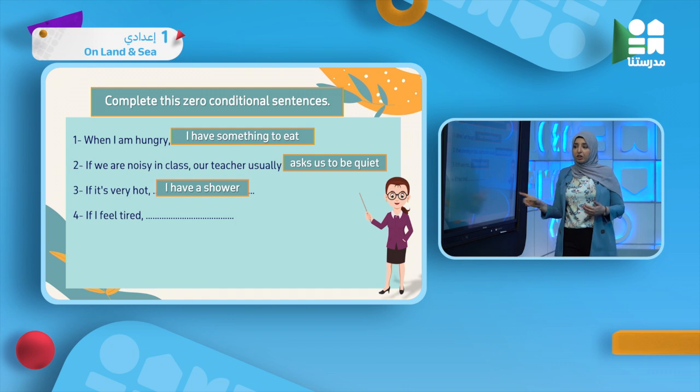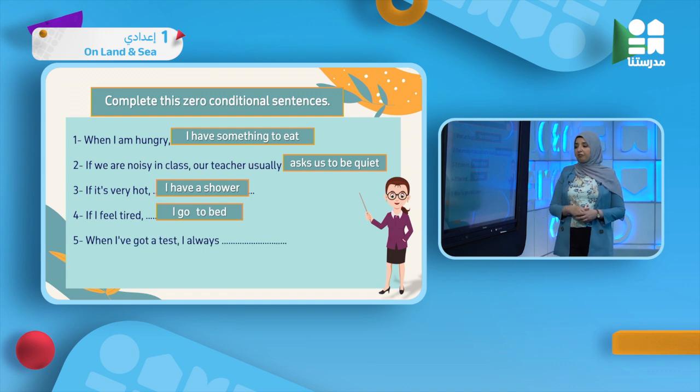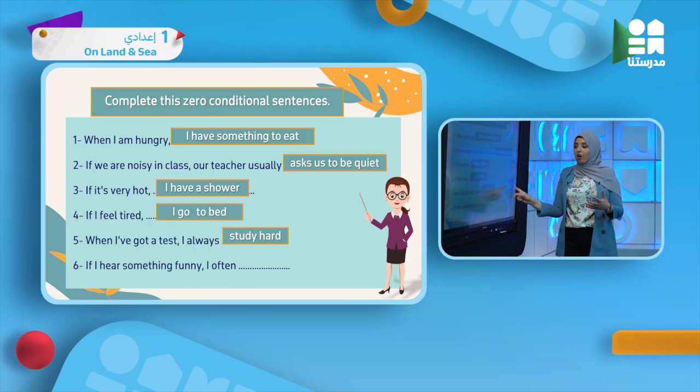Complete the other part. Yes, I go to bed. 5. When I've got a test، لما يبقى عندي test I always do what? Yes, I study hard. Okay, let's see number 6. If I hear something funny I often، لو سمعت حاجة funny بتعمل إيه؟ I often laugh.